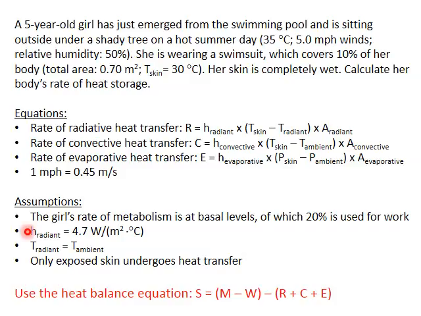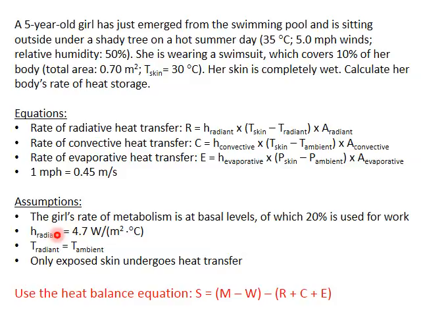To calculate S for this 5-year-old girl, we're going to use the equations shown here for R, C, and E, and then we're going to use this equation to convert miles per hour to meters per second for airspeed. We're also going to use these assumptions. So the girl's rate of metabolism is at basal levels. 20% of her metabolism is used for work.